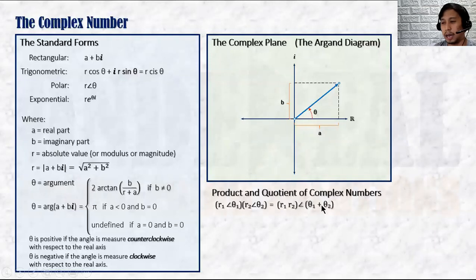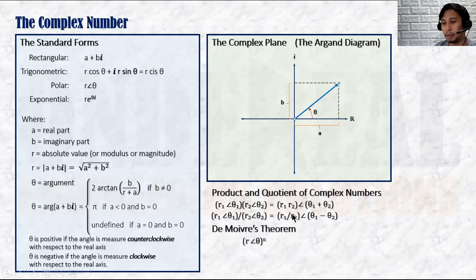We add the angles theta. And if we are to divide R1 angle theta 1 divided by R2 angle theta 2, its quotient is equal to R1 over R2 angle theta 1 minus theta 2. So you subtract the angle in the denominator. The R's, the magnitudes or absolute values, you multiply or divide.